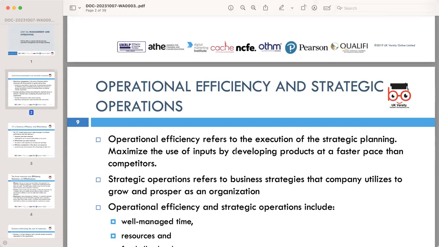Strategic operations refer to the business strategy that a company utilizes to grow and prosper as an organization.